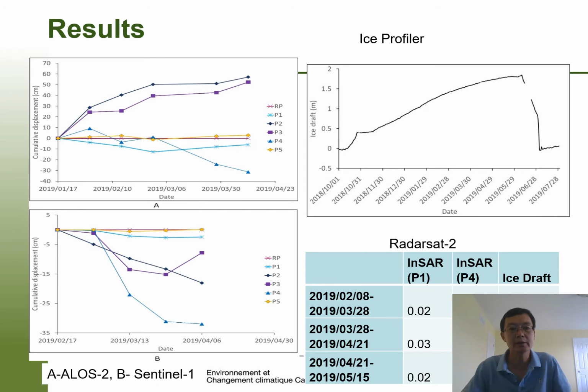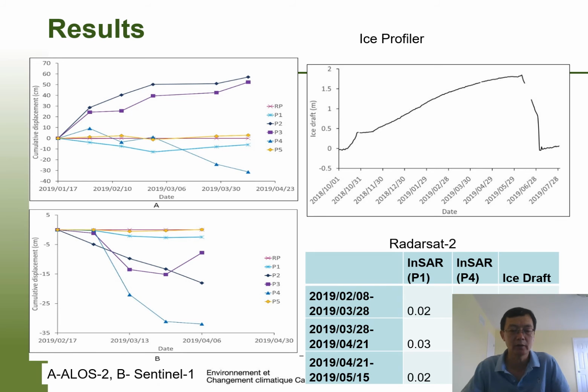And here are the InSAR results from ALOS-2, Sentinel-1, and this is RADARSAT-2 at different locations. In ALOS-2, 2 locations are always going up, another 2 locations going down, and 1 location nearly unchanged.